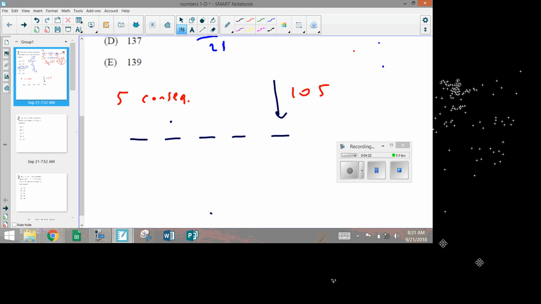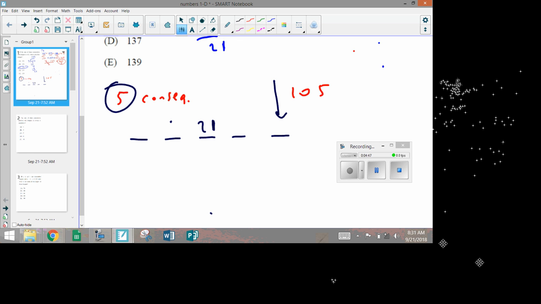Divide by 3 or divide by 5? Because there are how many? In this case we have 5. Divide by 5. 105 divided by 5 is equal to 21. And I asked for the largest one of 5 consecutive integers.